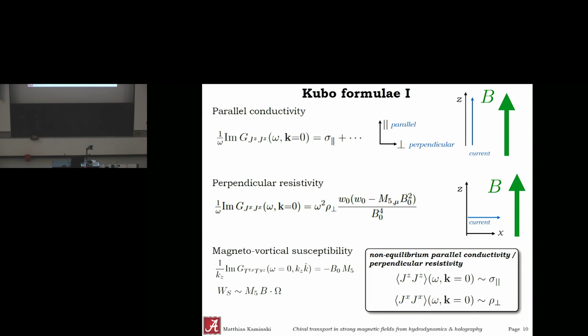And then we have a contribution here from what is called the magneto-vortical susceptibility. The magneto-vortical susceptibility is what I mentioned earlier. It's this susceptibility that's proportional to B dotted into omega. So essentially you can think of this effect as measuring the current that is created if you spin a thermal plasma in a strong magnetic field.